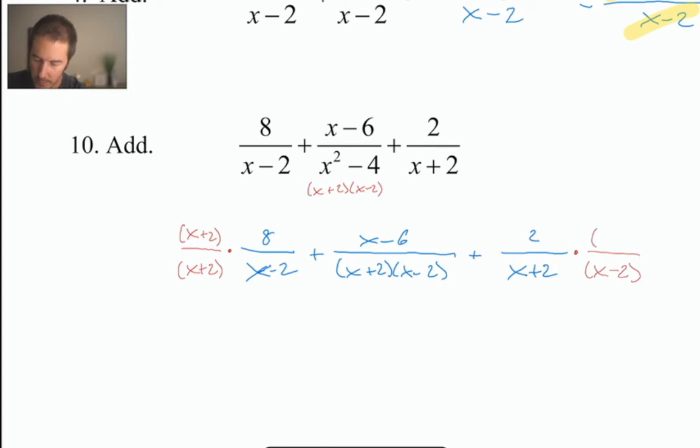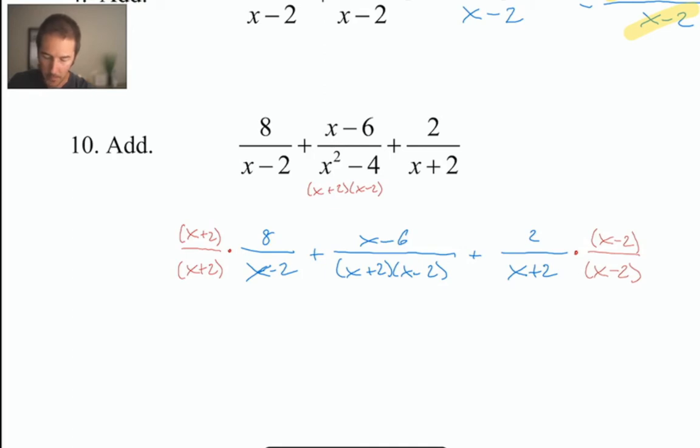But if we do that to the denominator, we must also do that to the numerator, so that what we're really multiplying by is 1. Multiplication by 1 doesn't change anything, that's why we're allowed to do it, but multiplying by this version of the number 1 changes what the denominator looks like, which is why we want to do it.